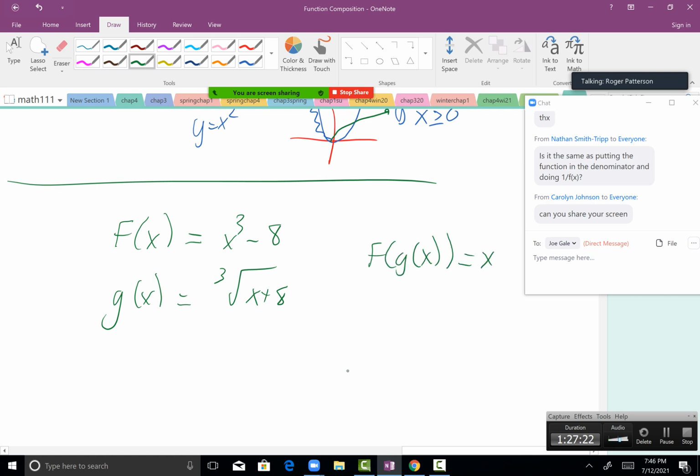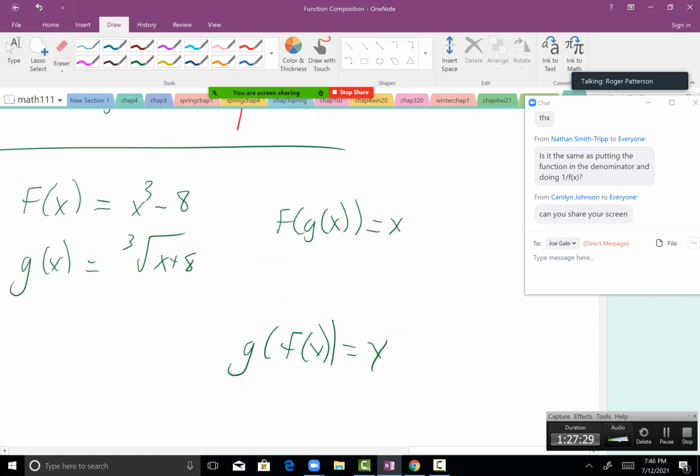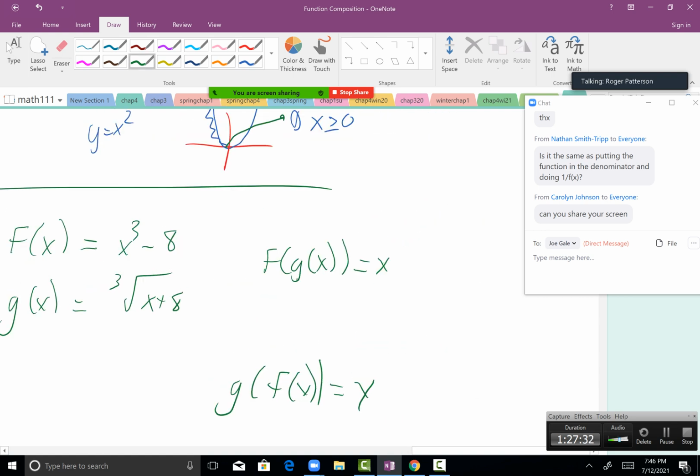And please show that g of f of x equals x. So then what you're going to do is just do the compositions of those, right? So g is going to go into f right here. So my g, that's this, is going to go into f. So here we go. So I'm going to take the cube root of x plus 8.